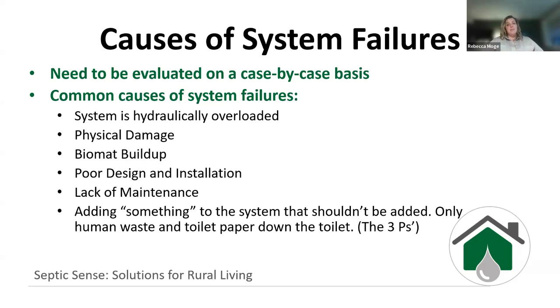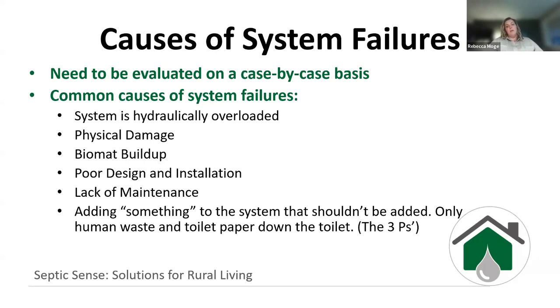Common causes of system failures are the system being overloaded. So again, maybe it was designed for a 2-bedroom and now 15 years later, it's a 5-bedroom. Physical damage, so again, driving over the system, damage to the laterals, things like that.